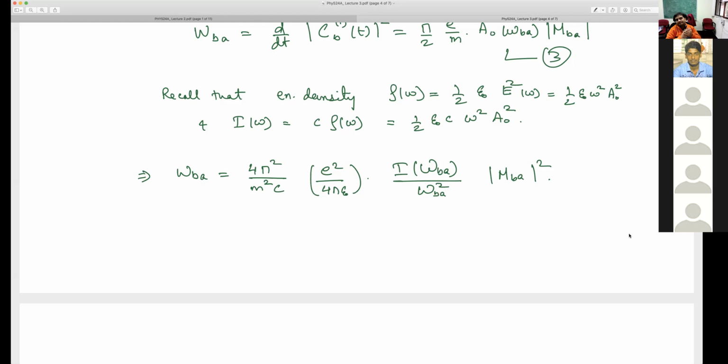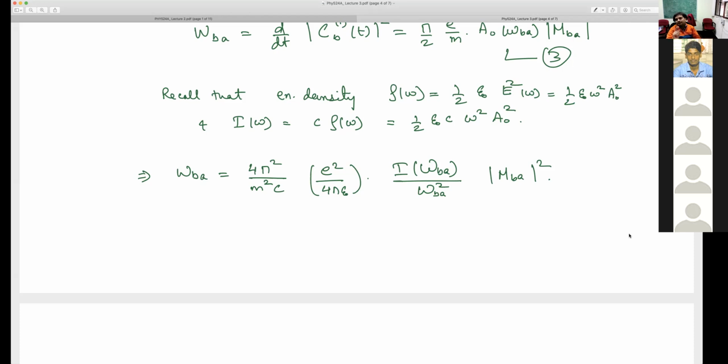But is it that one atom is absorbing and emitting simultaneously? No, you have to be careful. This is an ensemble of atoms, actually. I did the calculation for one atom, right?